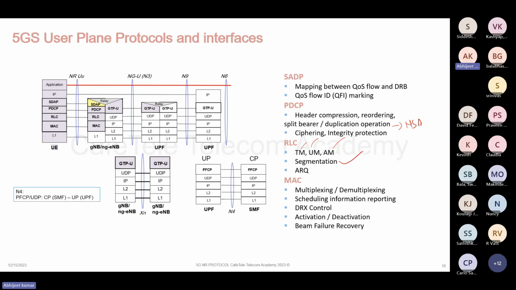It handles the segmentation of large packets into smaller ones for transmission, and reassembly. Then we have the MAC layer: multiplexing, demultiplexing, scheduling information. I'm skipping this part because time is less, and we will see all those things again.